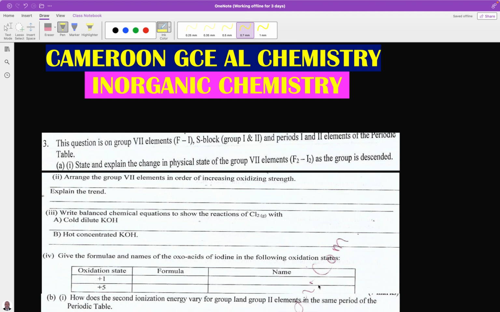So we have to state whether they belong to these. From fluorine to iodine, you will know that there is a change in the physical state. In this question particularly, the physical state of the element down the group changes from gas, that is fluorine and chlorine, to liquid, that is bromine, and to solid, that is iodine.